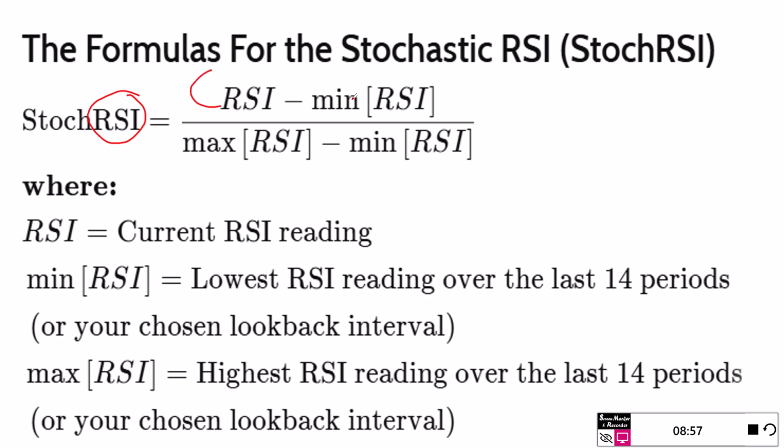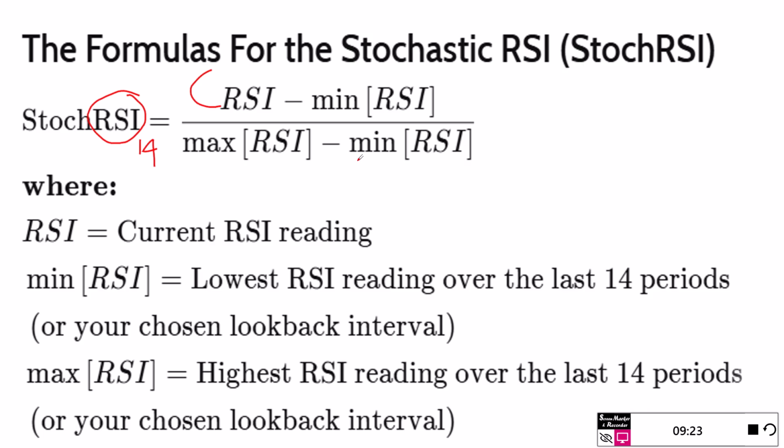It will take the lowest RSI value of the 14 periods, and divide that with the maximum RSI of the 14 periods. Everything will be on 14 periods, only this will be at the current price. So it will take the 14 period RSI and subtract it. The difference between stochastics and this is that it is working on the RSI, not on the price.